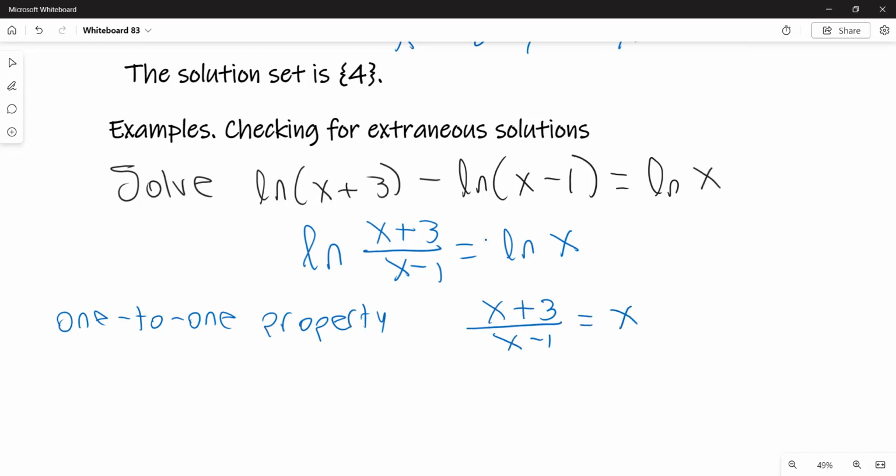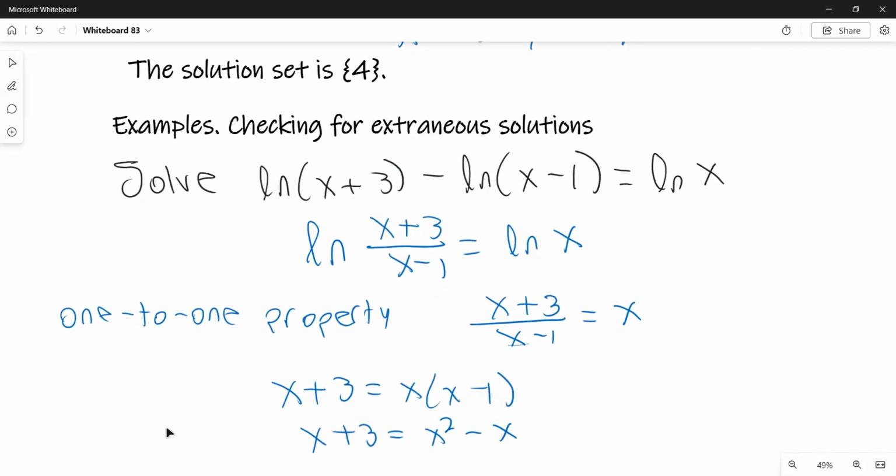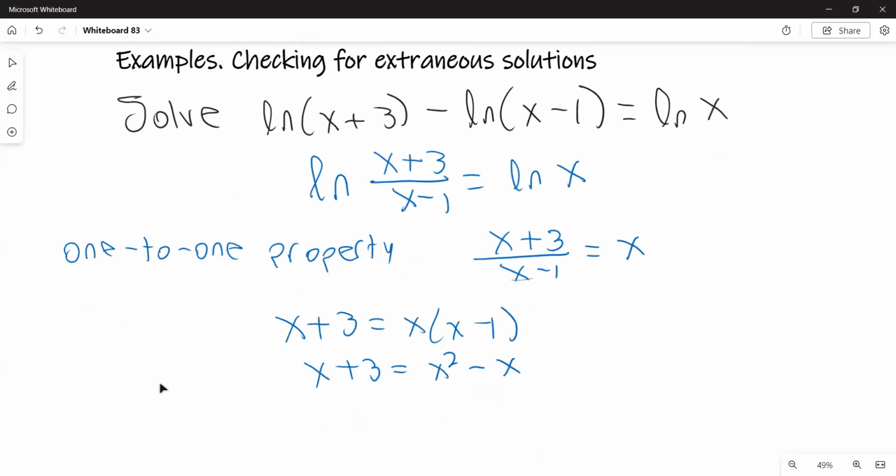Okay, so we have a rational equation. We can multiply the x minus 1 on the other side. So x plus 3 is equal to x squared minus x. And that quadratic equation, the resulting quadratic equation, let's write it in standard form.